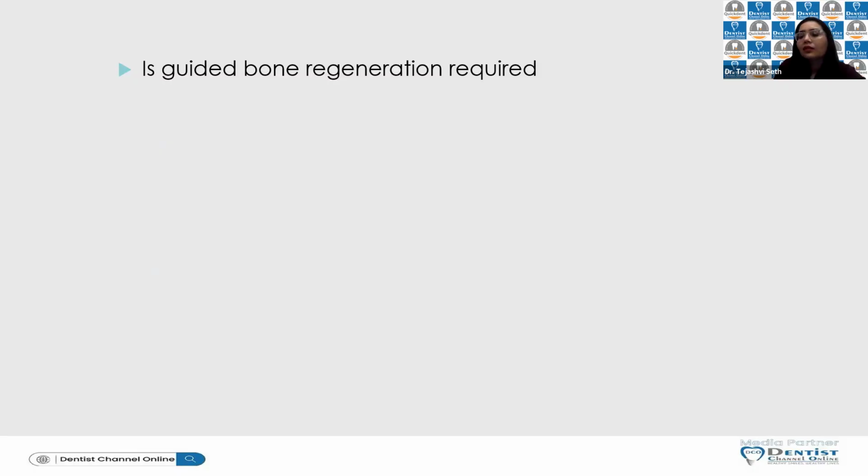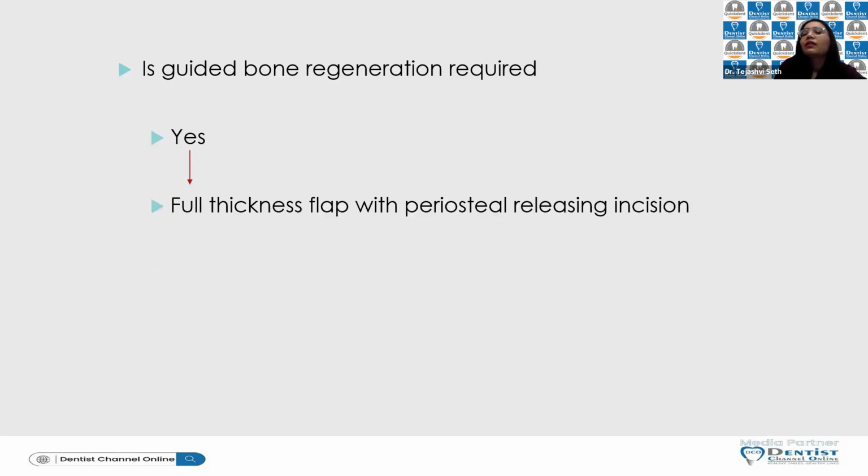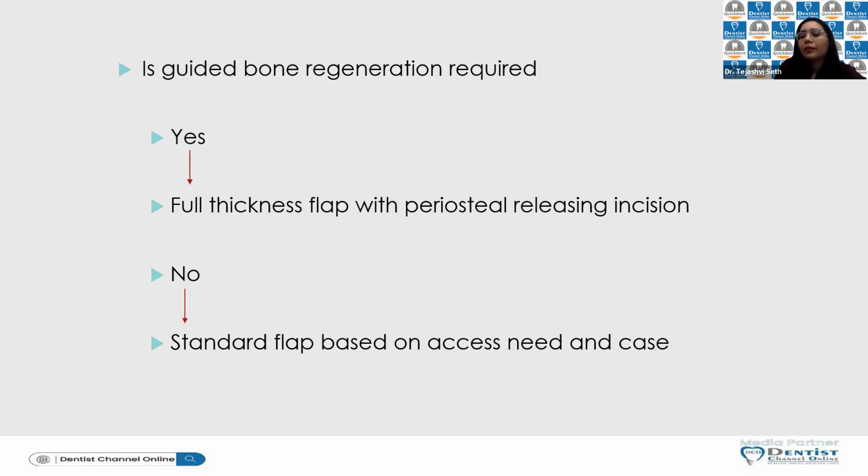Preserve the papilla, but again, you don't have to think much about the roll technique or anything. If guided bone regeneration is required, then it has to be a full thickness flap with periosteal releasing incision. If not, then your standard flap, based on how much access you require, you can make a decision at that time.